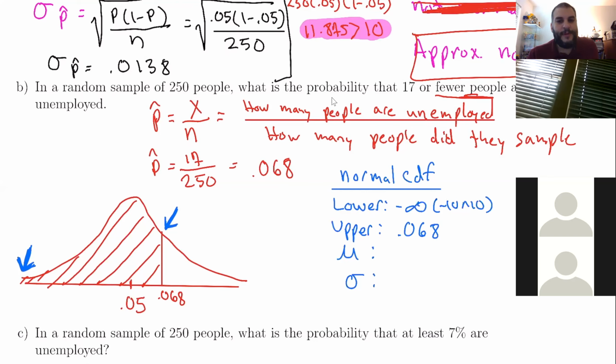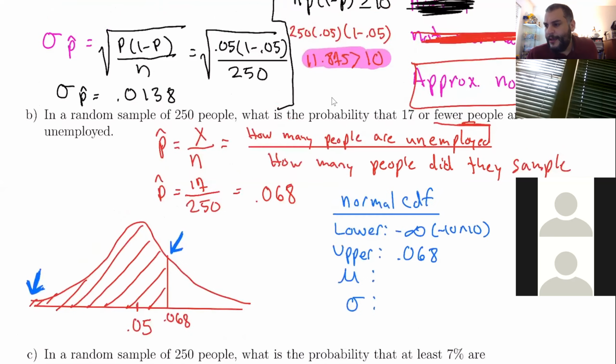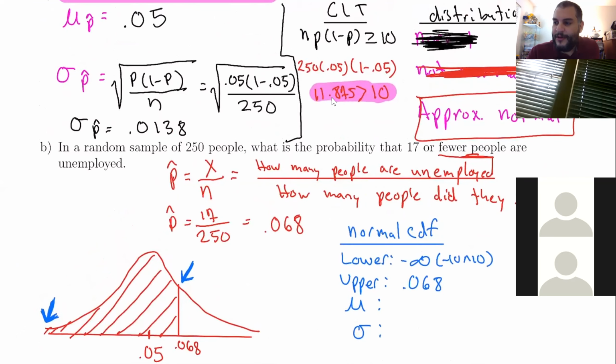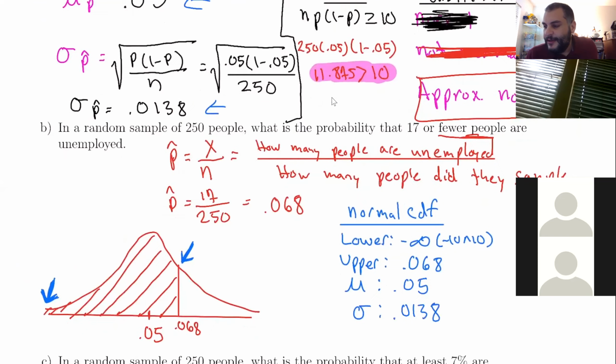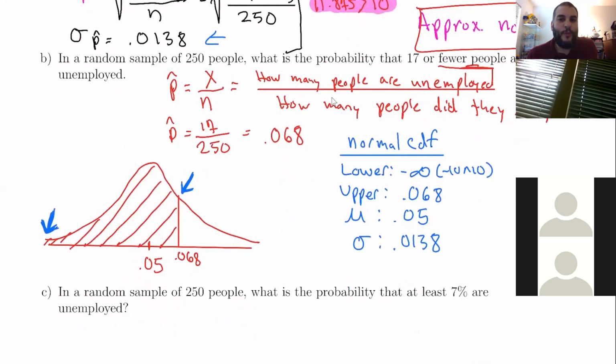Up next, we're going to put mu and sigma. For mu and sigma, we already did that in part A. Mu is 0.05, and sigma we got 0.0138. This is exactly what we're going to put in our TI-83.